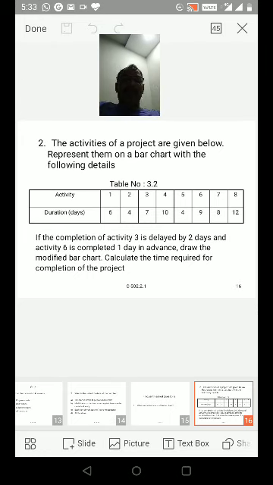If the completion of activity 3 is delayed by 2 days and activity 6 is completed 1 day in advance, draw the modified bar chart.